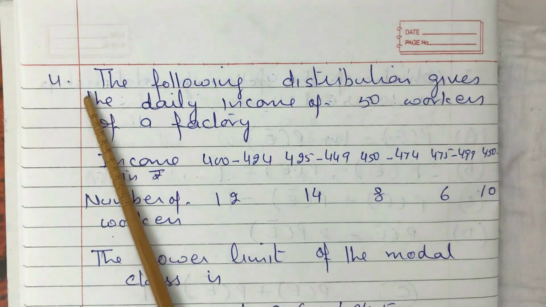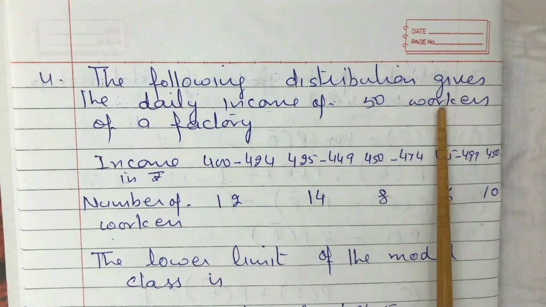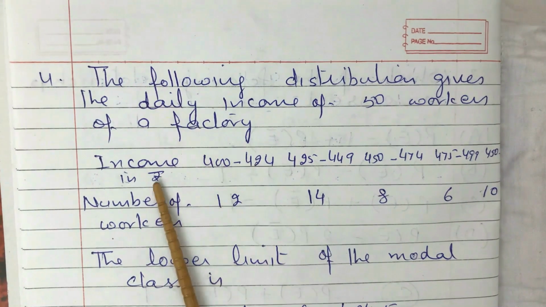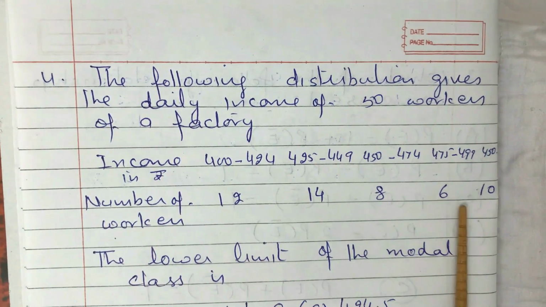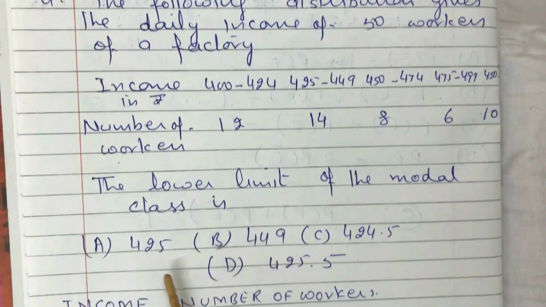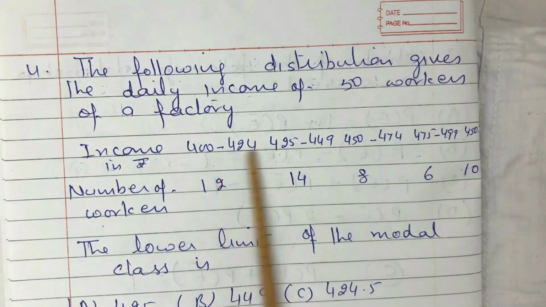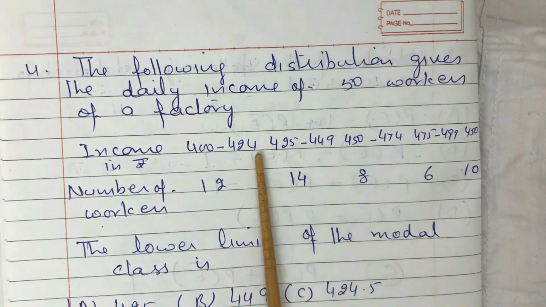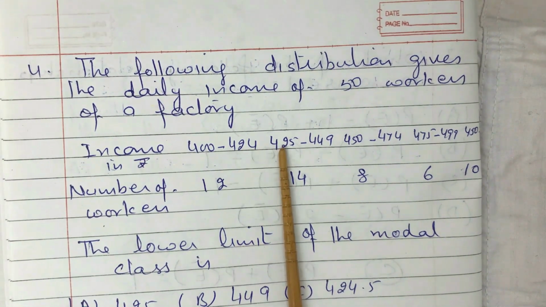Now the fourth question is: the following distribution gives the daily income of 50 workers of a factory. Income is written, and this is the number of workers. The lower limit of the modal class is, there are 4 options. Since this is not continuous, we will make it continuous. For that, you all know how to make it continuous.